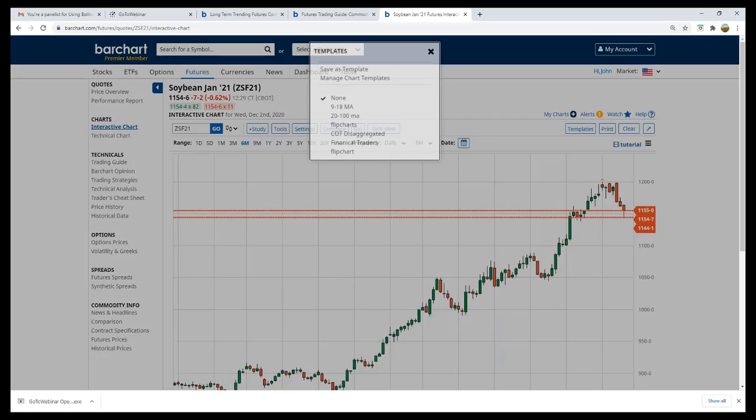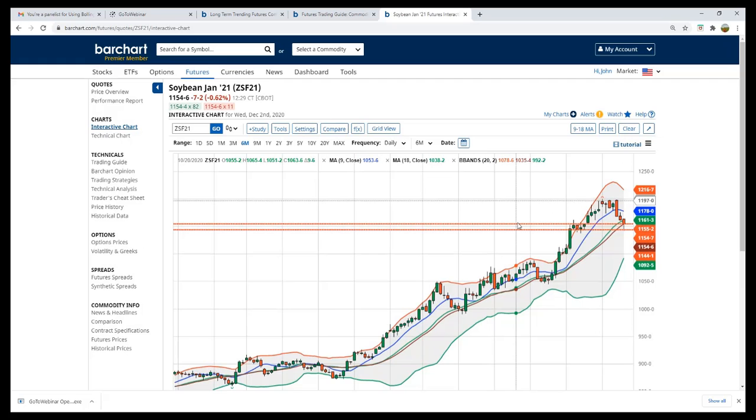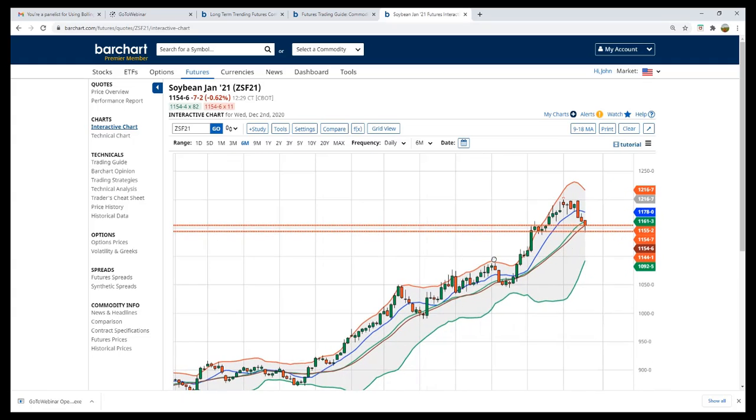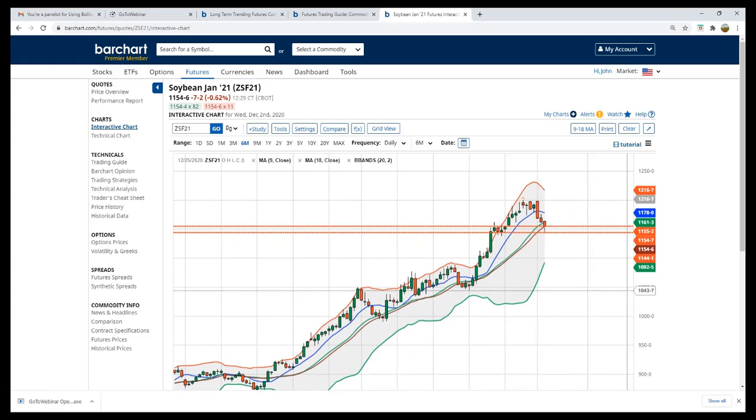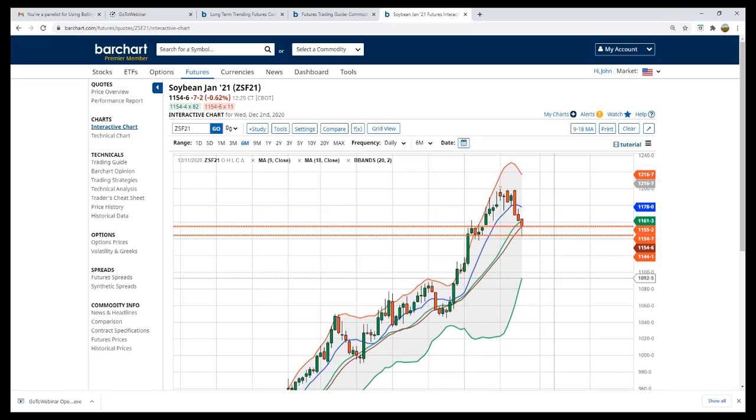Turn back on my Bollinger Bands and my moving average. And notice that that area where price re-engaged our mean was a potential buying opportunity.